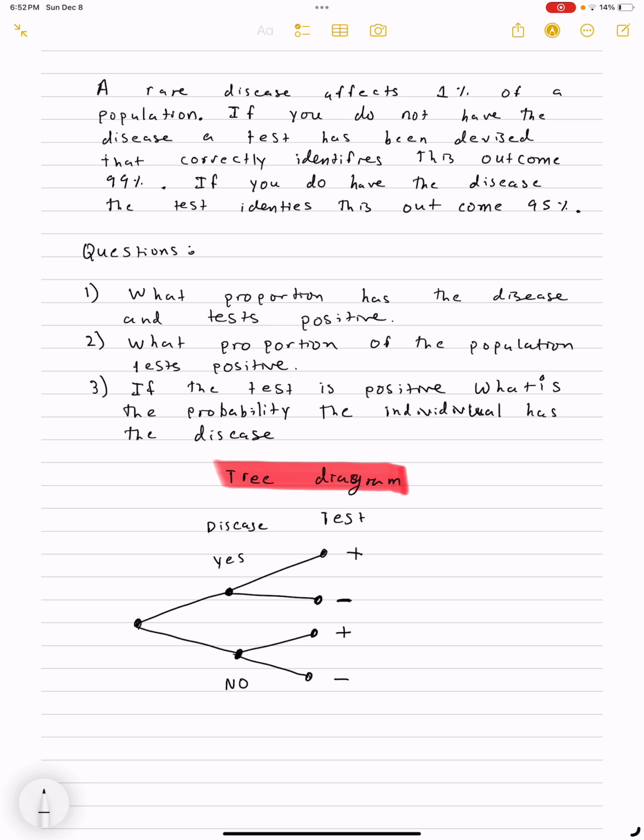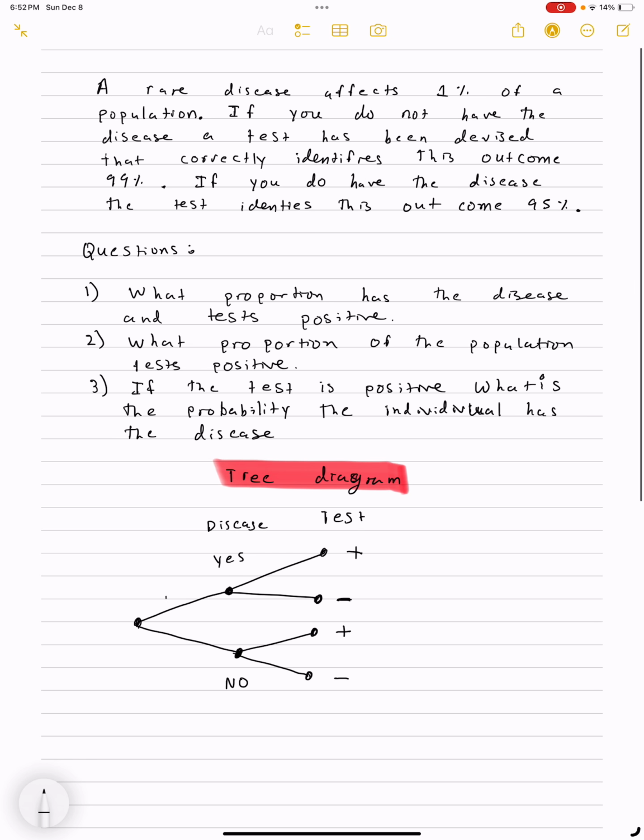It says a rare disease affects 1% of the population. So 0.01, that's 1%, have the disease. So we're going to put 0.01 there. And 99% of the population does not. Then it says if you do not have the disease, so we're in the no group here, the test correctly identifies this outcome 99% of the time.